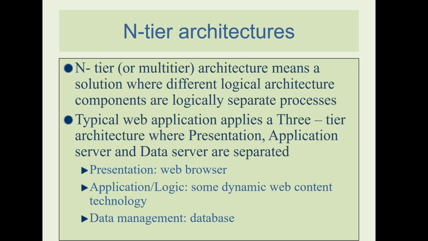It also takes care of discussing with the third tier, which is the data management tier. And this basically is database or some other kind of storage method for the application data.